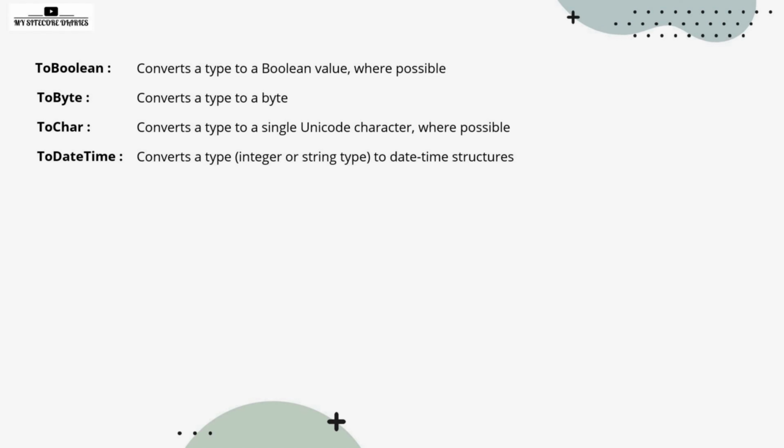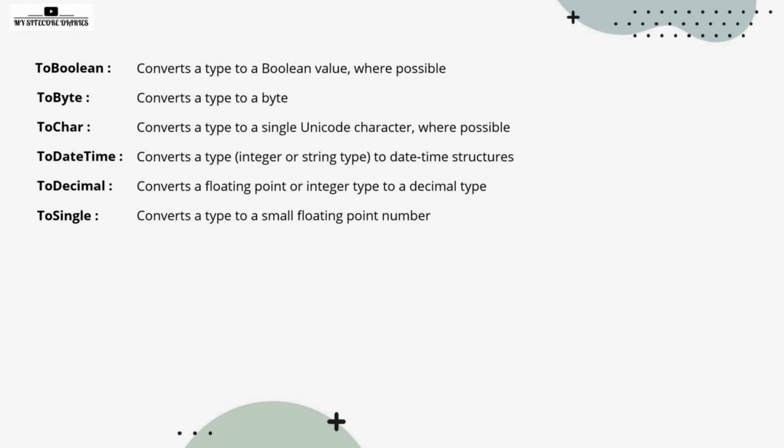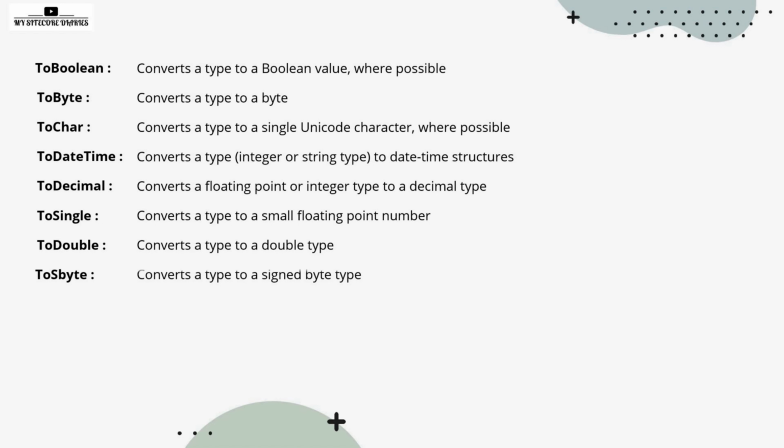Then you have ToDateTime, which converts an integer or string type to the DateTime structure. Then ToDecimal, also integer type to decimal. You have ToSingle, which converts to a small floating point number, ToDouble, which converts a type to a double type, and ToSByte.